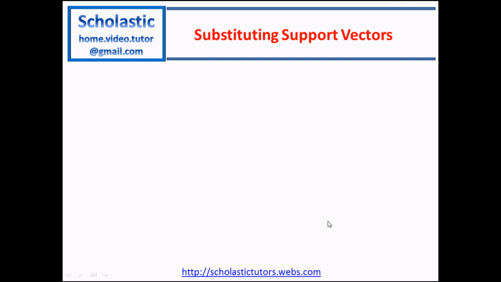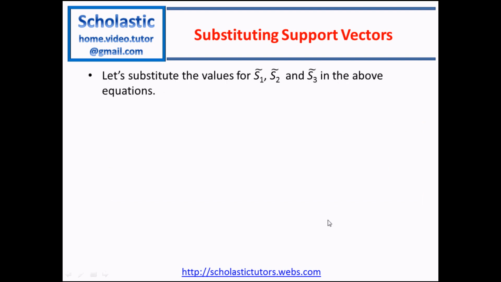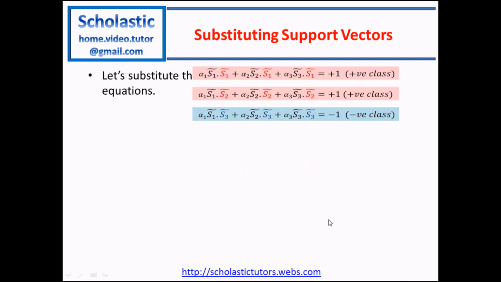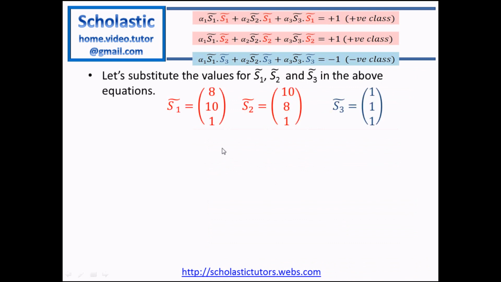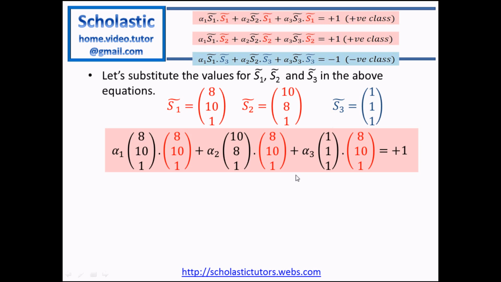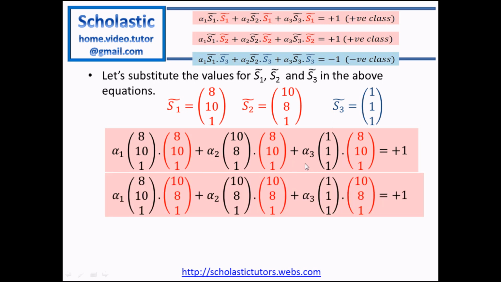Now we have these 3 support vectors which we found earlier. We are going to substitute S1 tilde, S2 tilde, and S3 tilde into this equation, so we will have 3 simultaneous equations.